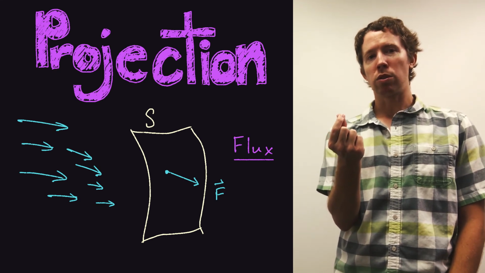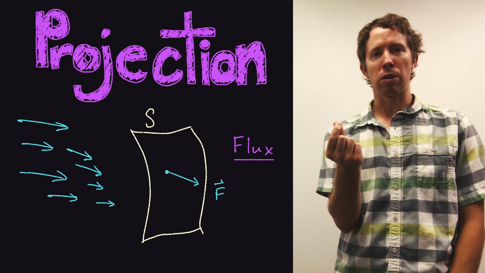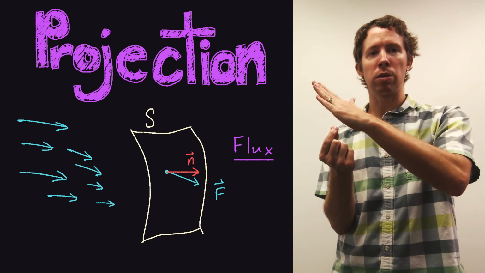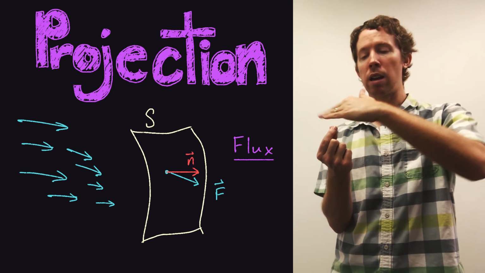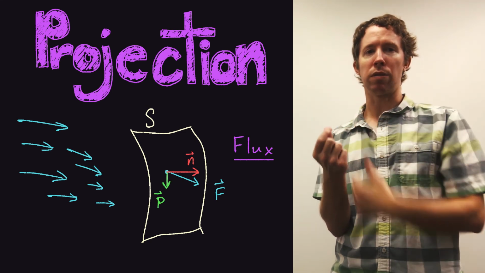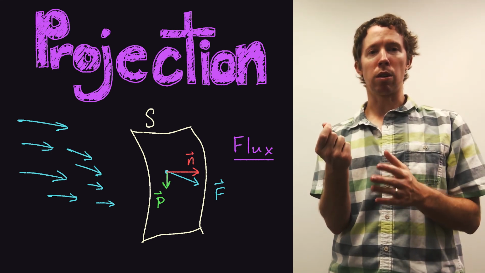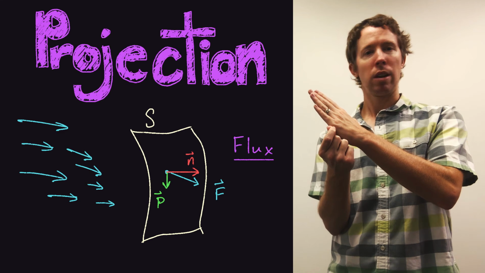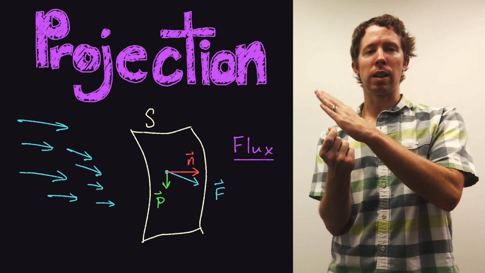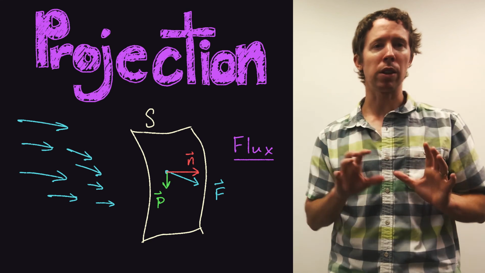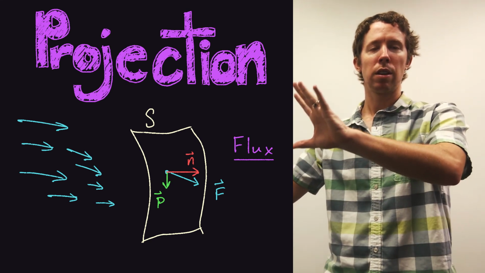And you want to break down that force or that vector into a piece that's going perpendicular or normal to the surface and a piece that's going parallel to the surface at that point. Because the piece or the component that's going perpendicular is the only piece that's contributing something to the amount that's moving out of the surface.